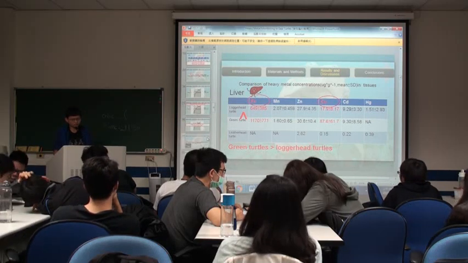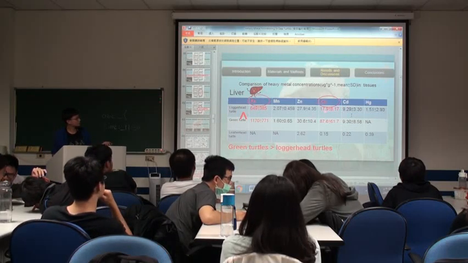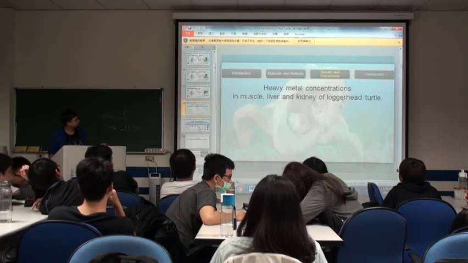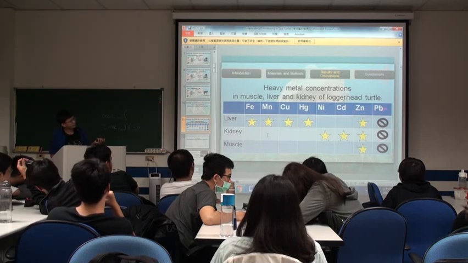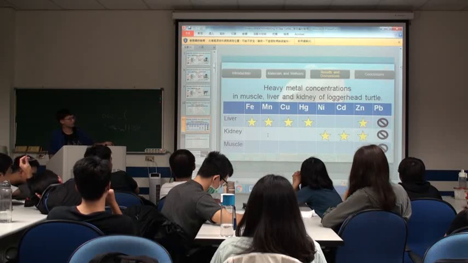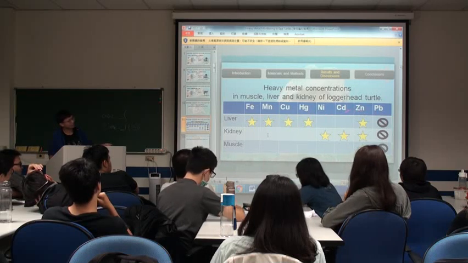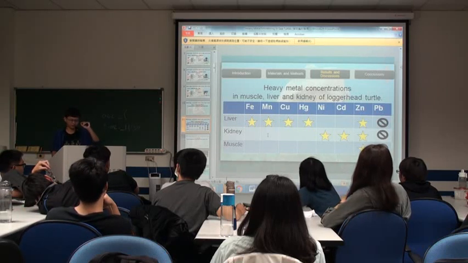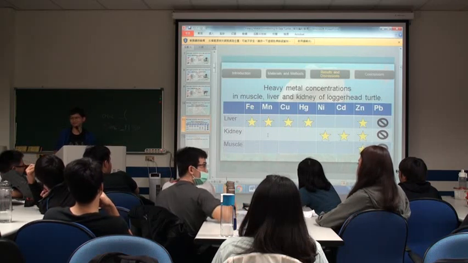This shows the leaf and it can detect, but we see this cadmium is only in the kidney and almost not in eggs.